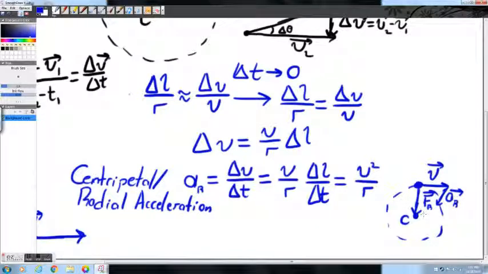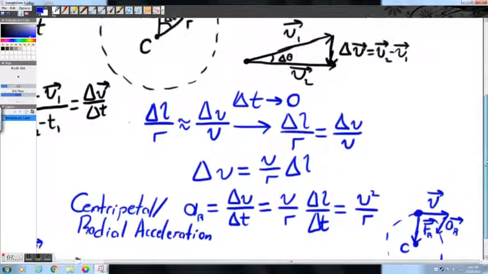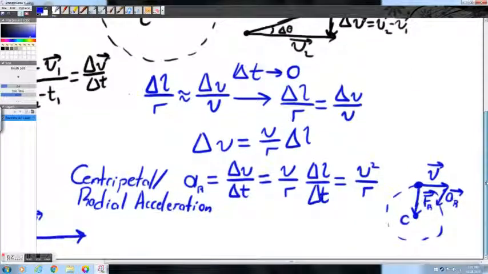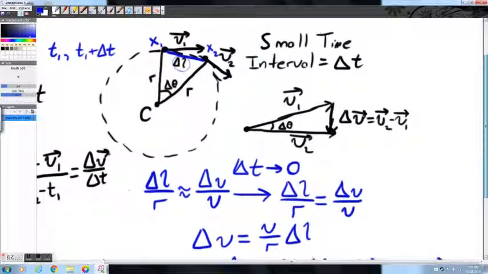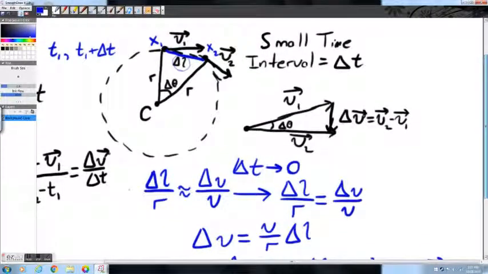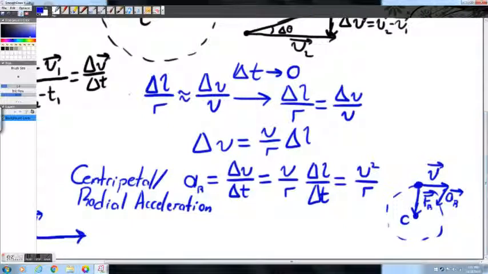The acceleration and the force are going to be in the same direction, because a force causes an acceleration in the direction in which the force is applied. So the acceleration is the change in velocity that occurs because the object is continually changing direction over the time period that that change in velocity occurs.